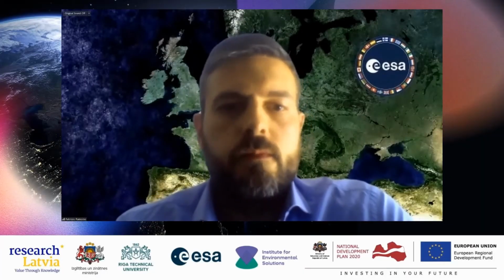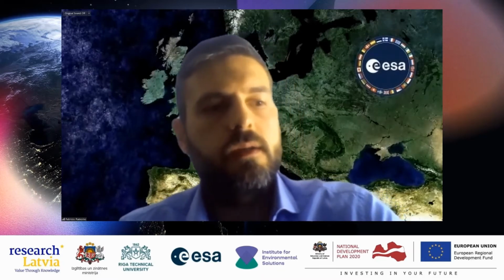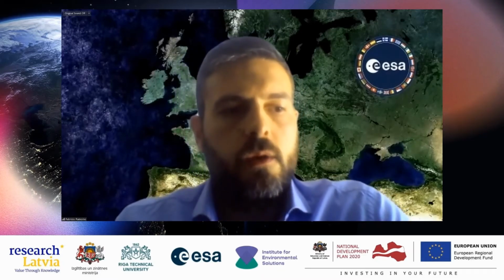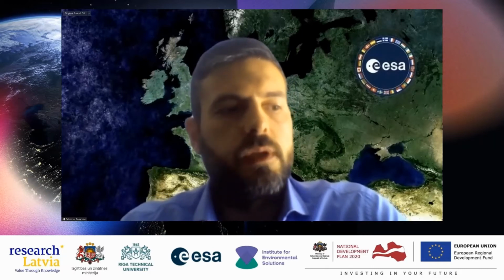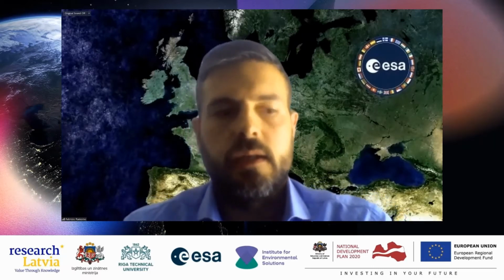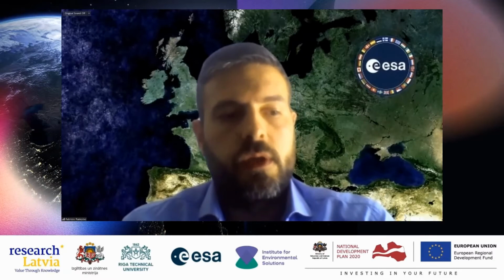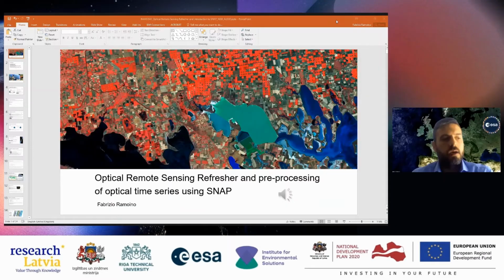Welcome to everybody. So as Francesco said, in the first part there will be a short refresher of optical remote sensing, and after the basics of optical remote sensing and how to retrieve radiometric indices and biophysical variables. There will be a short introduction on ESA SNAP software. And after we'll stop a bit for questions. And in the second part, there will be the real practical exercise.